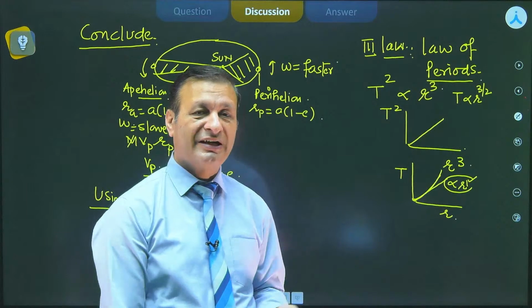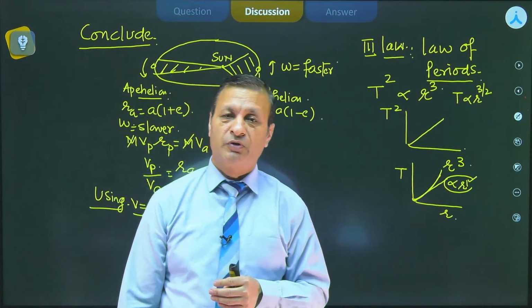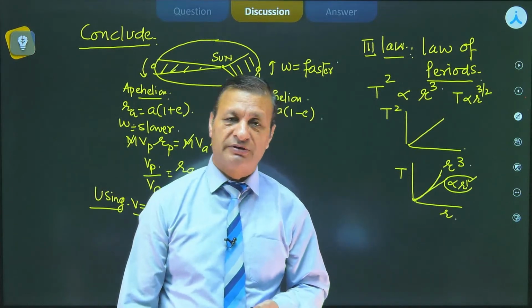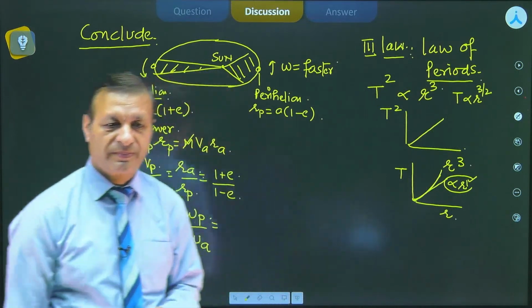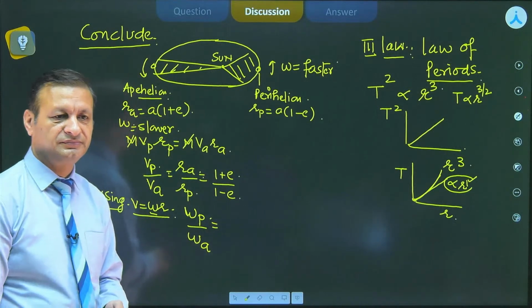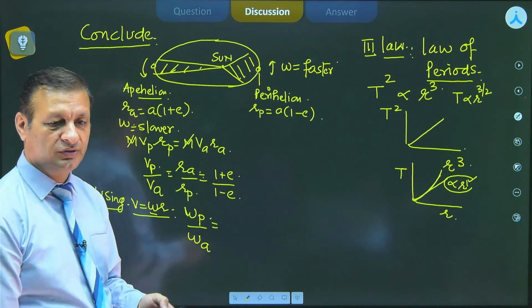And then let's attempt a few questions which are based on all three laws of planetary motion, Kepler's laws. So before that, any doubt? No doubt? So shall we move?